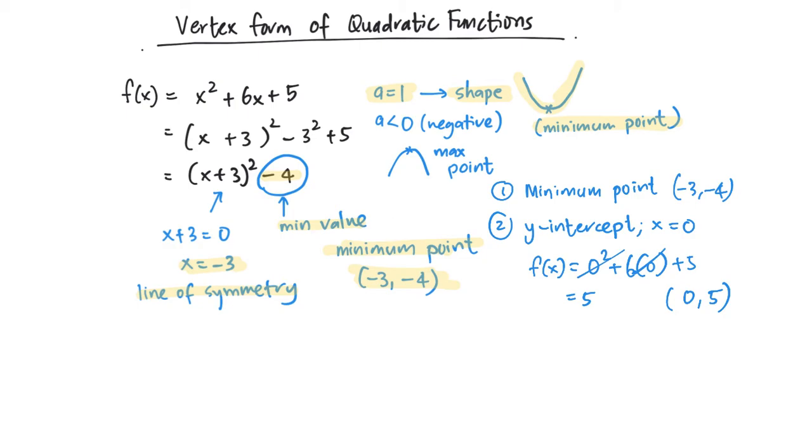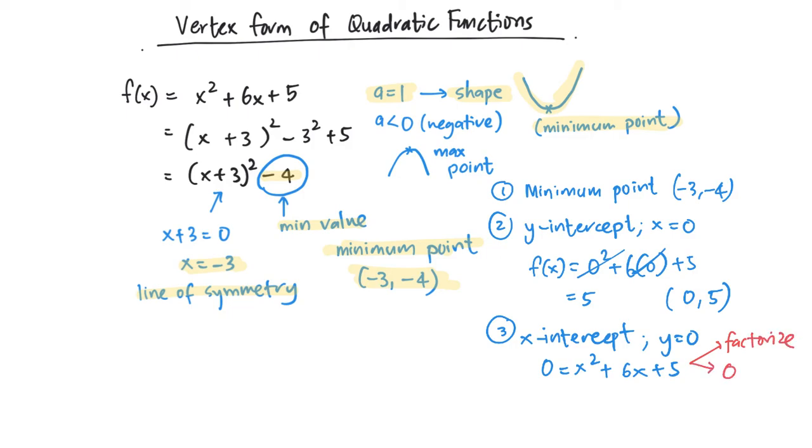This is where it's going to cross. And one more, we find the x-intercept. That will be when y equals 0. So 0 equals x squared plus 6x plus 5. This is where we're going to factorize, or use the quadratic formula.